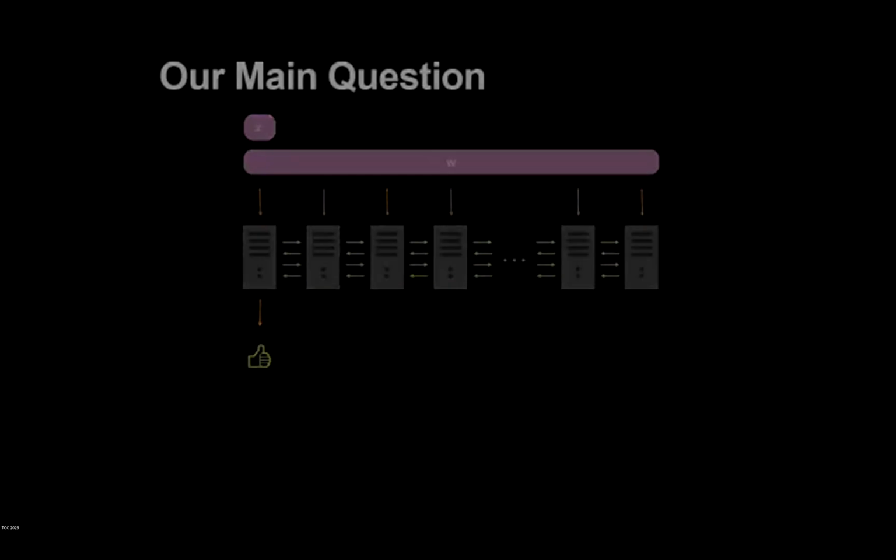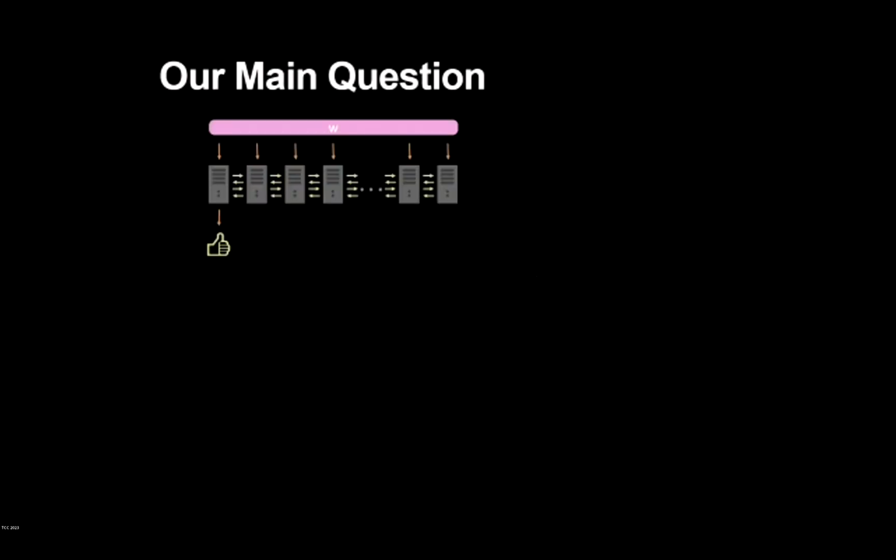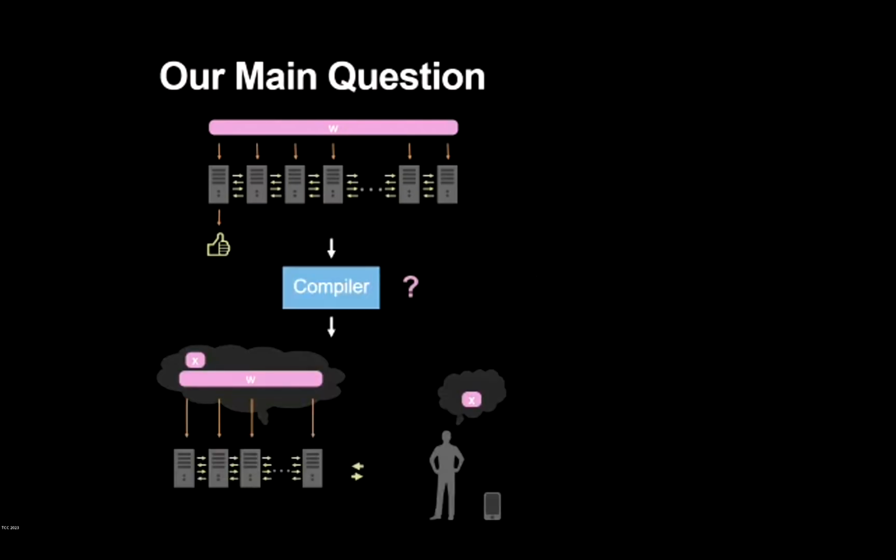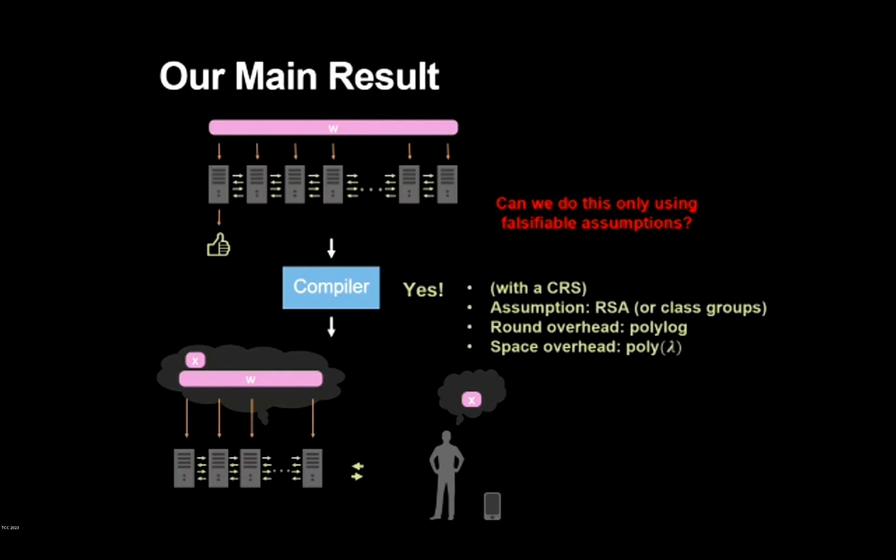And so now with this type of language, our question can then be, if we have such a distributed verification algorithm, is it possible to compile that algorithm into a secure argument system with a distributed prover that is succinct? And crucially, can we do this only using falsifiable assumptions? For the main result of our paper, we show that the answer is yes.